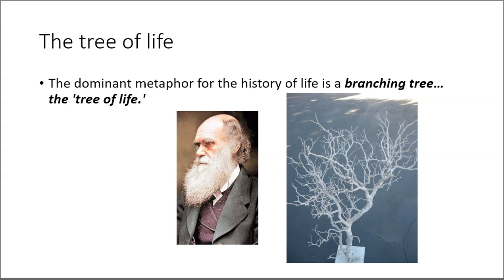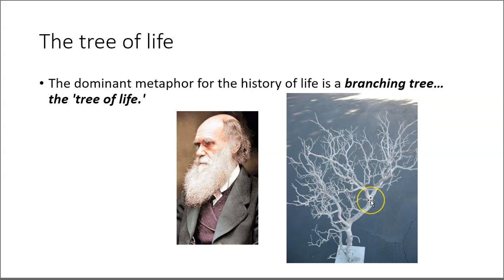And that's where we get Darwin's idea of the tree of life. It's a branching tree. So for Darwin, as you move up the tree, you're moving forward in time. And the fact that we get these branching points here, this is when one species is splitting into two species.